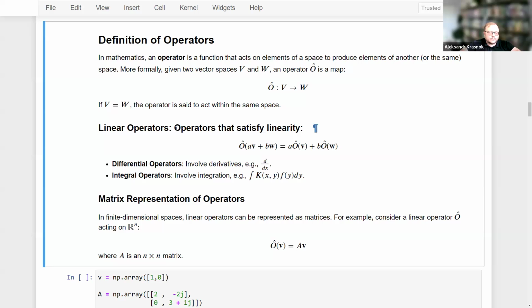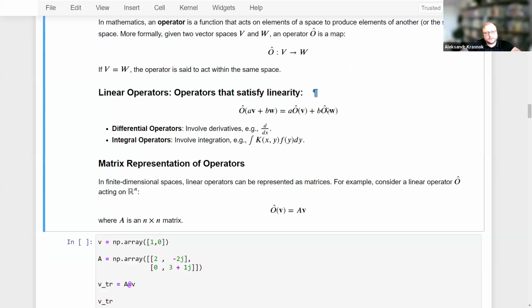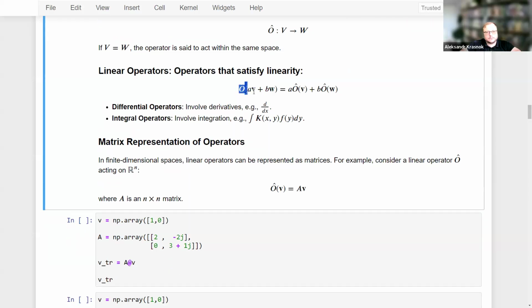In quantum, we're particularly interested in linear operators, and linear operators are given by this definition. So if I have operator, by the way, operator is usually or sometimes given by this bolded letter with a hat on top.